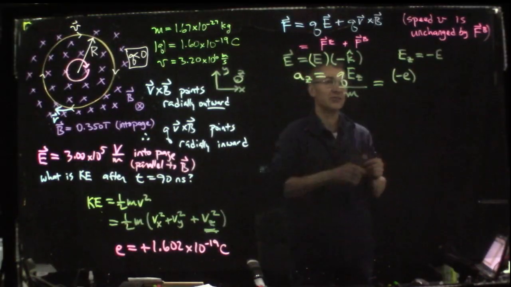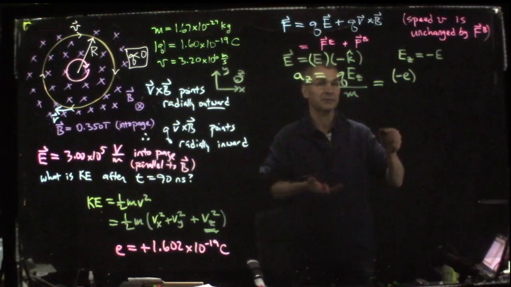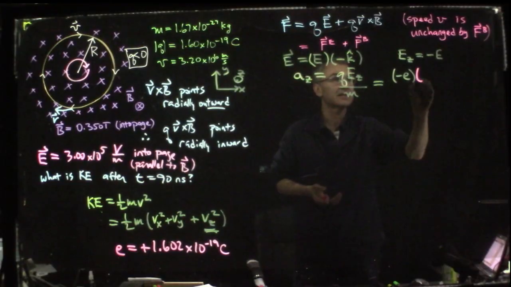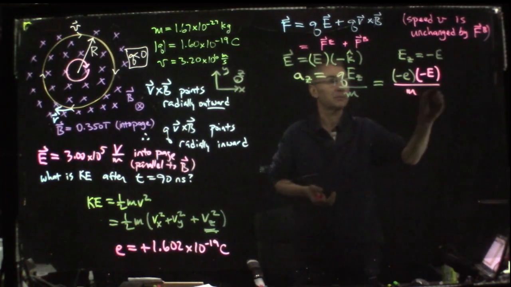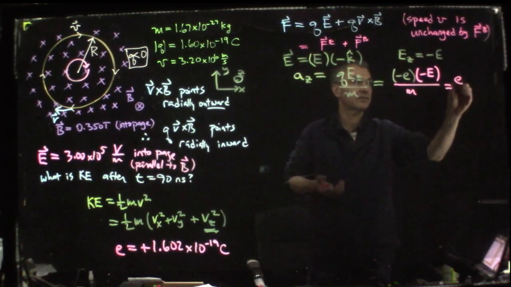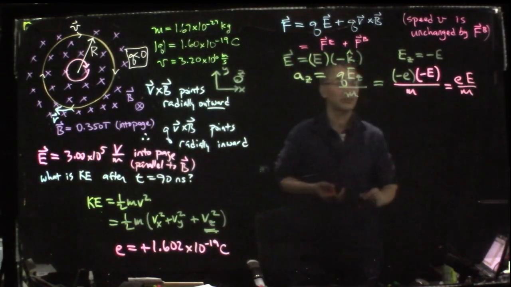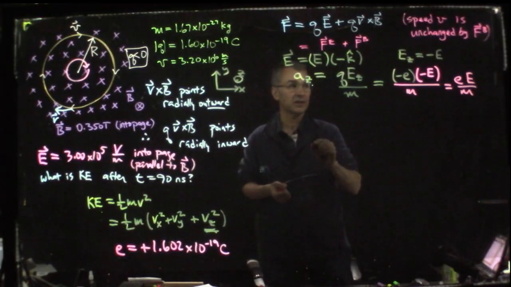So the charge seems to be minus e. And then the electric field in the z direction seems to be minus this magnitude of the electric field, and then divided by m. So fine. This is like the charge on the proton times the magnitude of the electric field divided by m, which is the acceleration in the z direction.